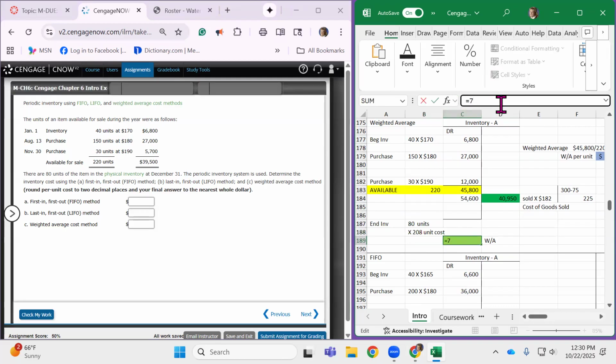We've got 80 units times their average cost of 208, so we've got 16,640. Which means if we had 220 and we have 80 left over, then let's put 220 minus 80.